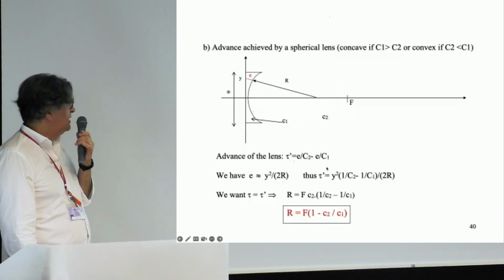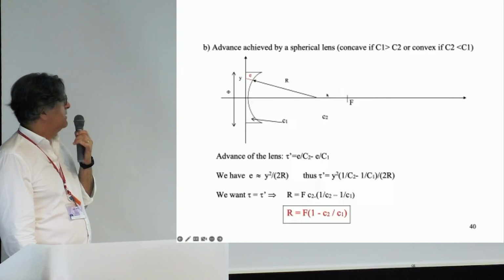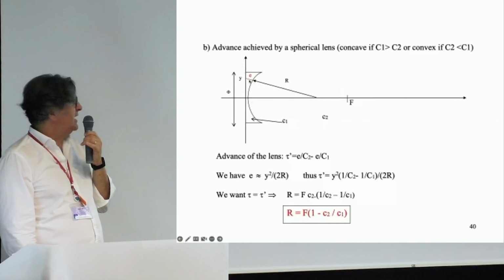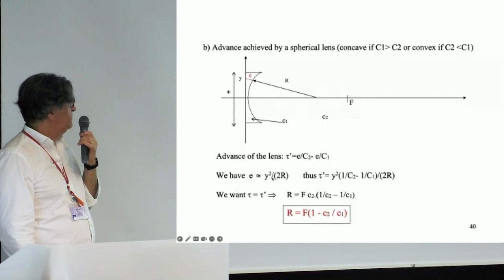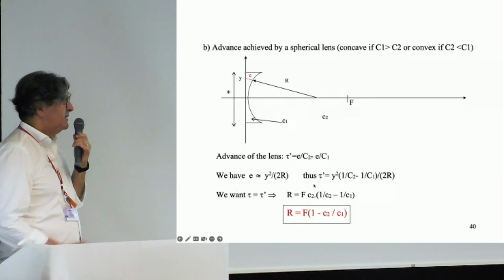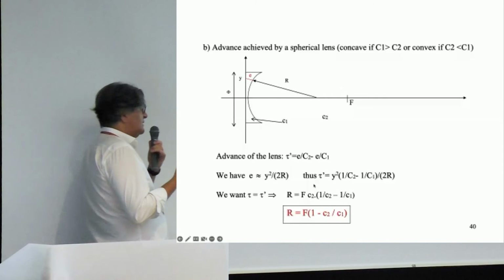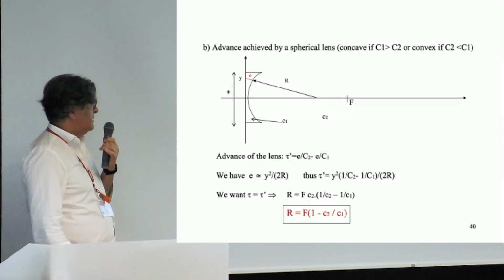And especially, by applying Pythagoras theorem and approximating the thickness to be thin, you can write that this thickness should be y squared over 2r, where r is the radius of curvature of the lens. Then the time that you need to create for the advance is given by this formula.